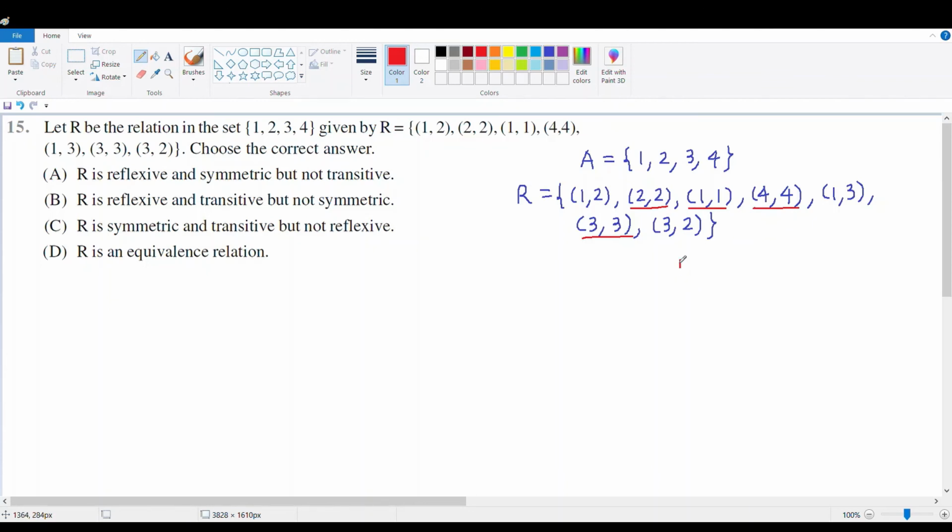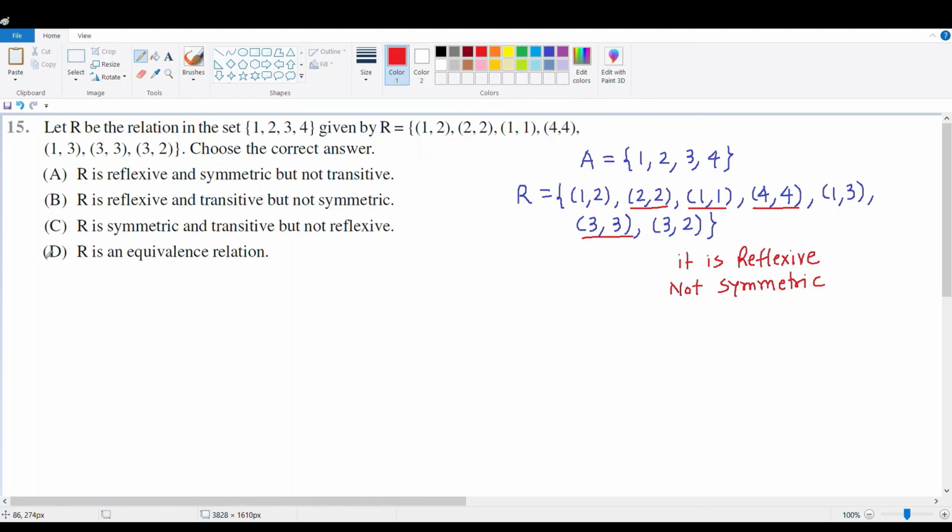So it looks like it is reflexive. Now let's check for symmetric. Is it symmetric? We got (1, 2), so do we have (2, 1)? We don't have (2, 1), so it is not symmetric. And as soon as it is not symmetric or any one of those, that means it is not an equivalence relation.